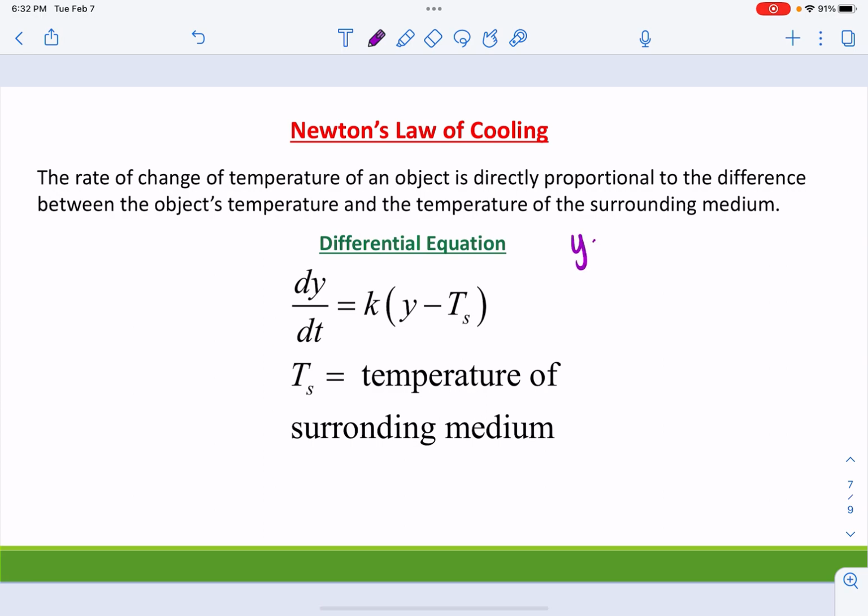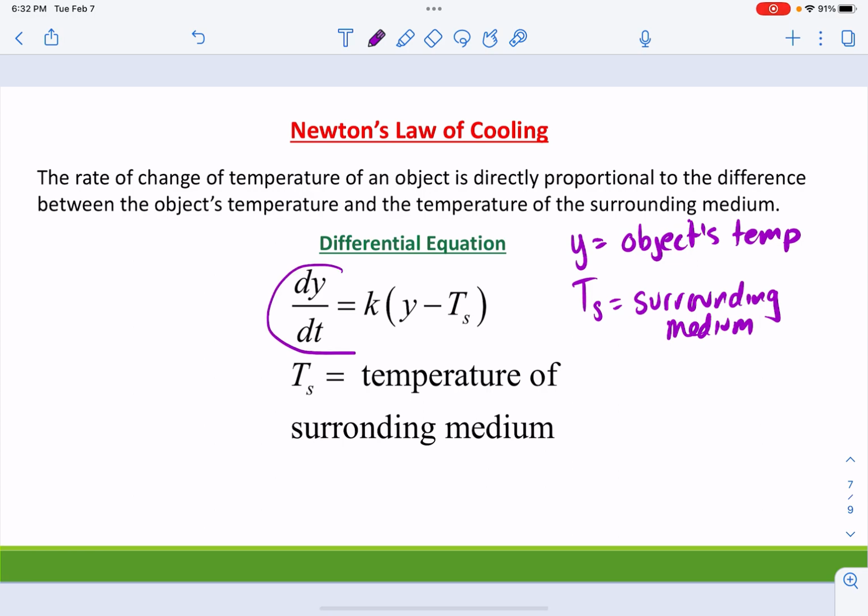Okay, so y is the object's temperature. This is our surrounding medium. And we have this differential equation.